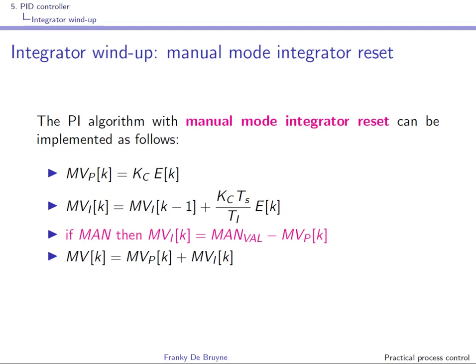Of course, you can also do a similar kind of implementation for a PID algorithm, so that you have derivative action and where you have a feed forward. So you can see here that output tracking, manual mode, and also limitation of MV are treated separately. Of course, you have to integrate the three aspects: output tracking, manual mode, and limitation of MV in the PID controller implementation.